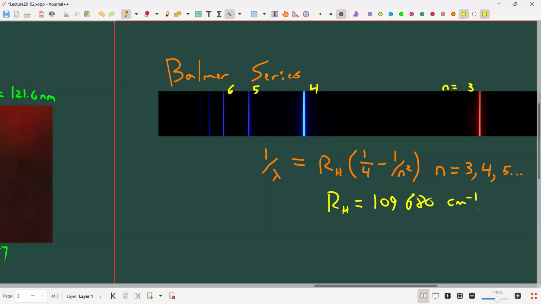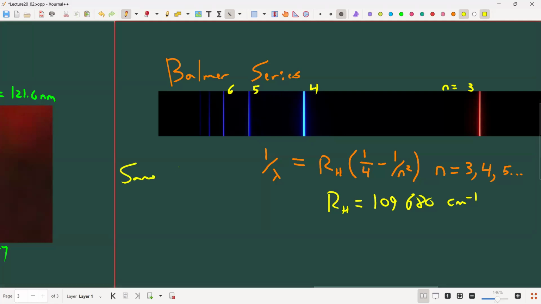It's just another progression of lines in hydrogen that follow the same pattern, but are in some sense shifted by some amount into the visible. Same behavior as the Lyman series. All right, that's really cool.